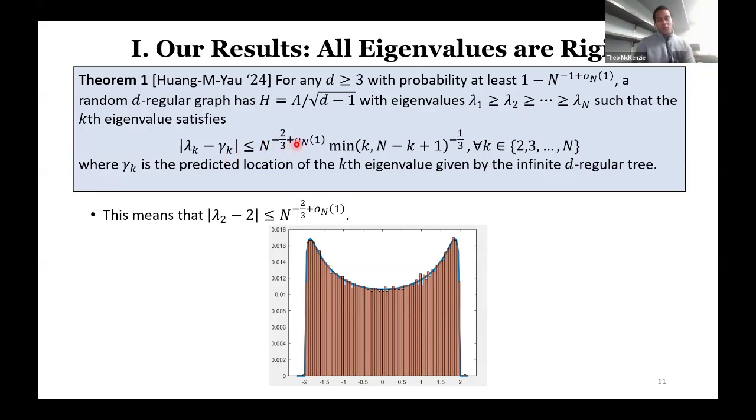It's n to the minus 2/3 plus little o of 1 times this other factor that gets smaller the closer I am to the bulk of the spectrum. For example, for the middle eigenvalue, lambda n over 2, this says the magnitude is always going to be n to the minus 1 plus little o of 1. So the order of fluctuation is even smaller than it is at the edge.